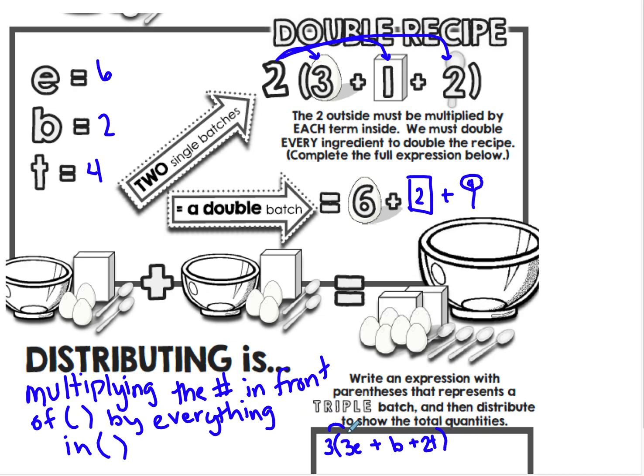Then I need to multiply to show if I wanted to make 3 cakes because I'm really, really hungry, how much of everything I would need. Well, let's see, 3 times 3E would be 9E. I need 9 eggs. 3 times the boxes, I would need 3 boxes of cake mix. And then 3 times my 2 teaspoons is going to give me 6 teaspoons.